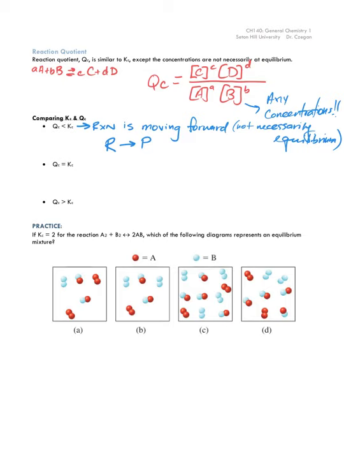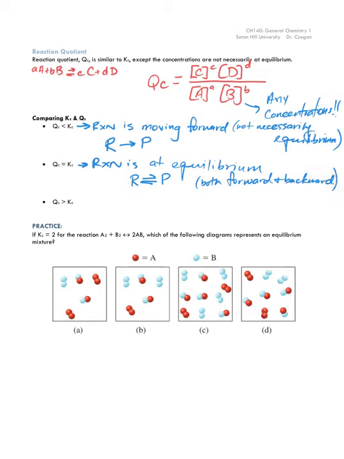If we have a situation where Qc is equal to Kc, that means that the reaction is at equilibrium. And what that means, as we learned on the first page of this handout, is that the reaction is going in both directions simultaneously. So it's moving both forward and backward.